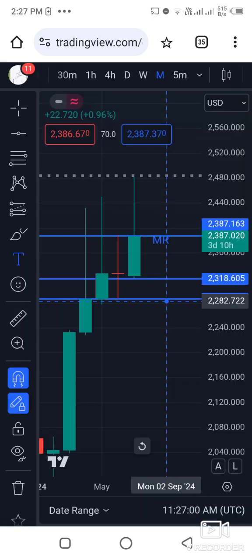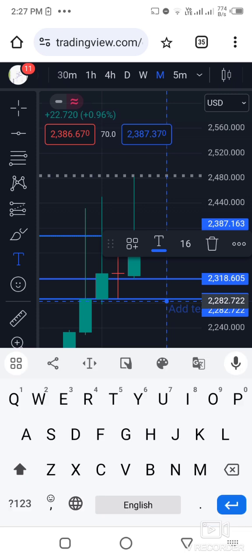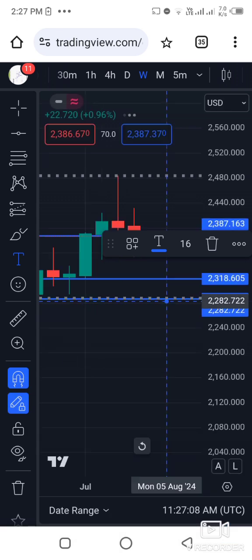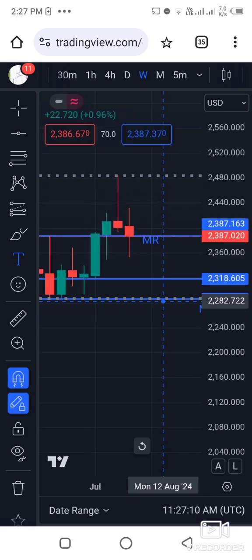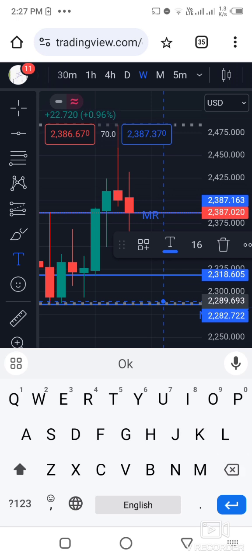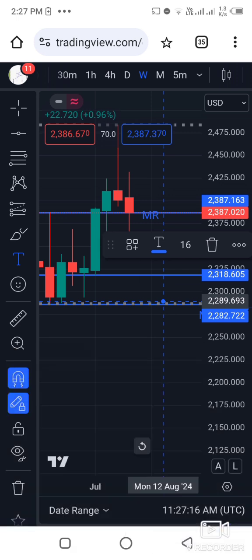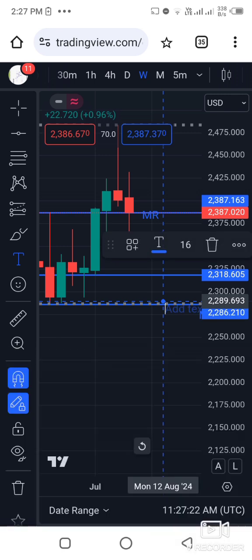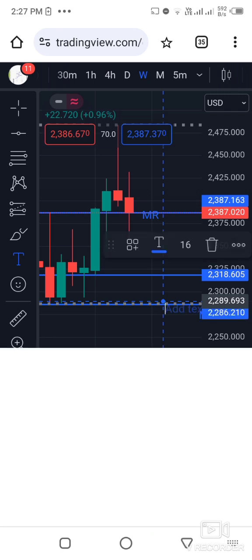So we have there the monthly support. Then we can move to weekly now. We'll also mark our weekly resistance and support.